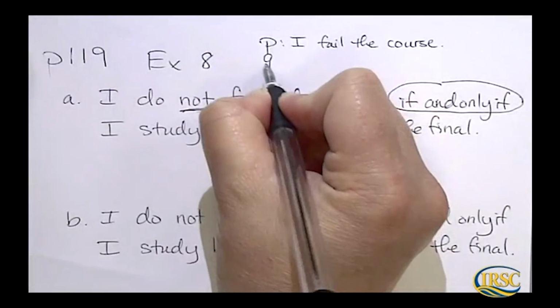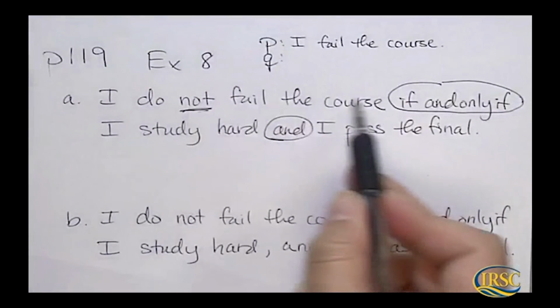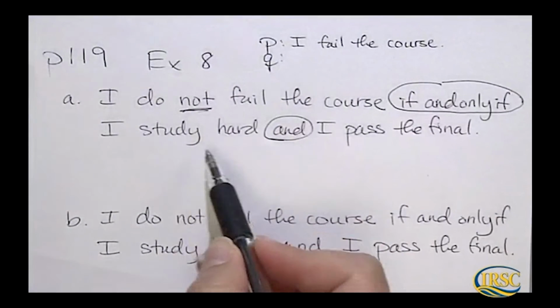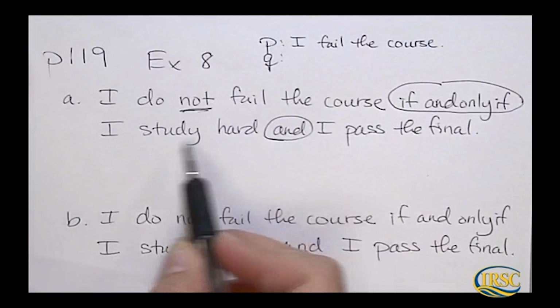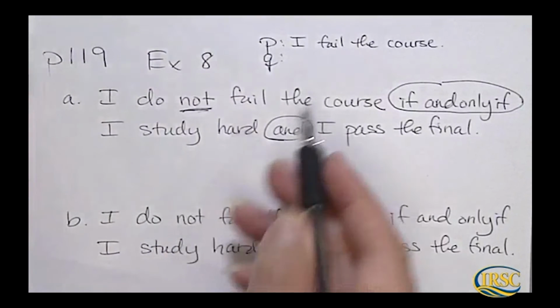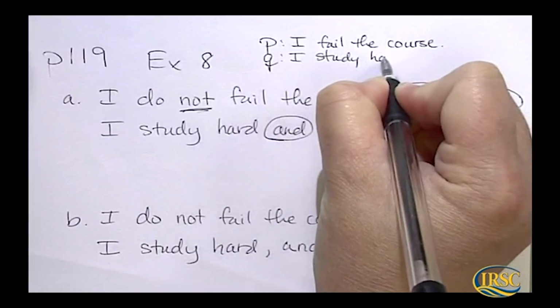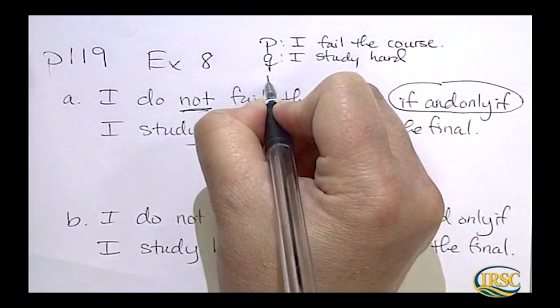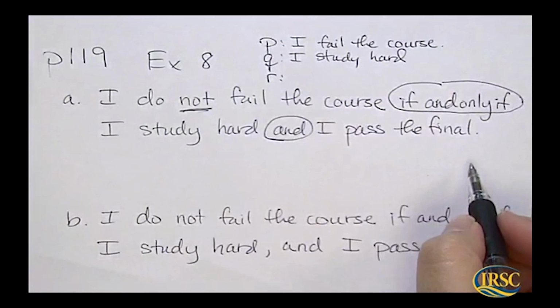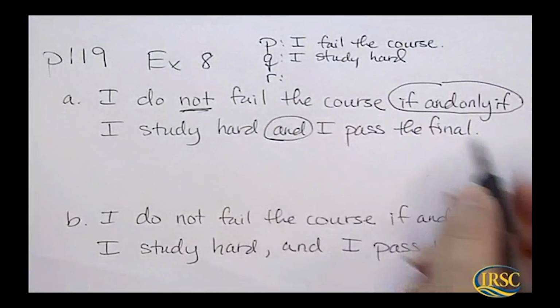So then Q would be your next simple statement. So, okay, we took care of this one. Here's our if and only if, and then now that shows us the next one. I study hard. So that's Q. And then we need an R because we have another simple statement. I pass the final.